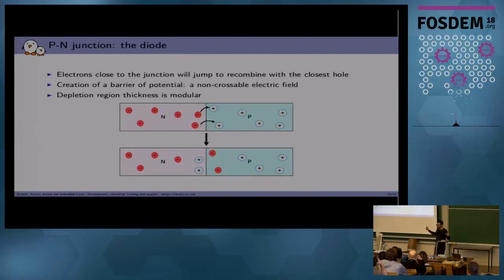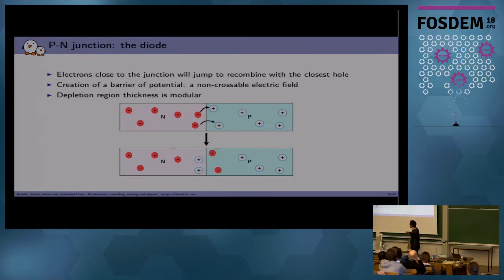Okay, let's put 2 differently doped areas together. You make a p-n junction. The electrons close to the junction, on the n side, will jump over the junction and combine with holes on the p side.